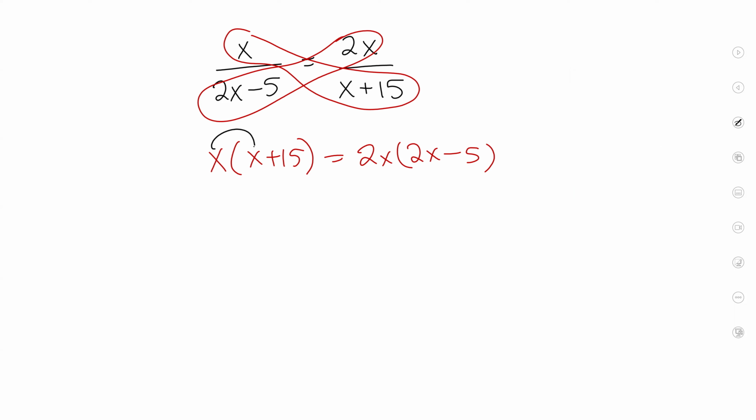X times x is x squared. X times 15 is 15x. 2x times 2x is 4x squared, because we have 2 x's now. And then 2x times -5 is -10x.